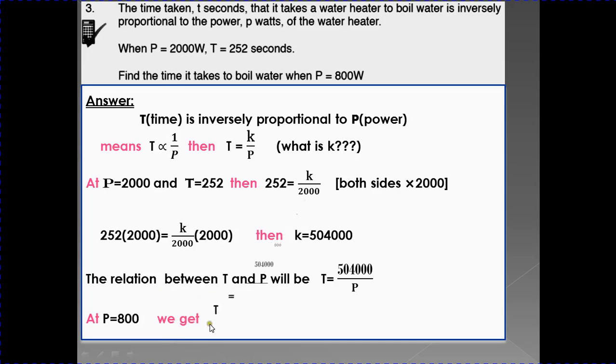Then we get t equals, in this relation, 504,000 over the value of P, 800. When we divide, then the time will be 630 seconds.